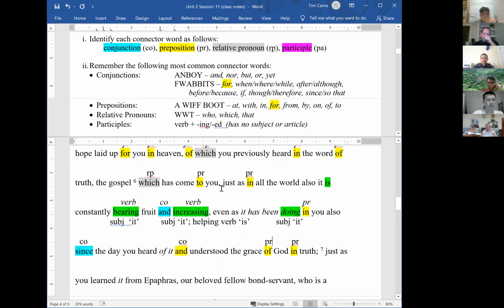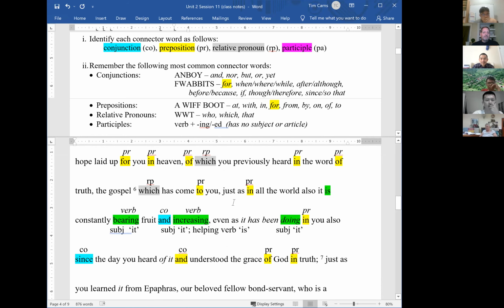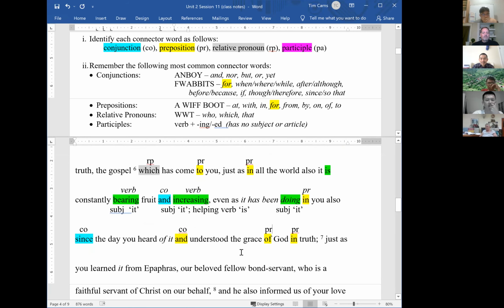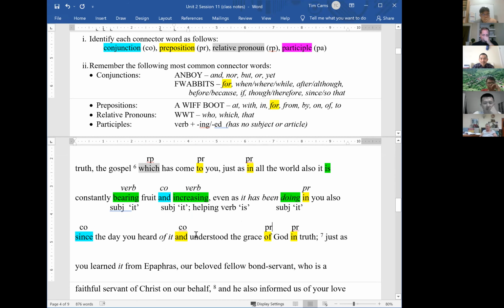Now, there is one other that snuck in here that's not on our list. Once in a while, we will see this. It's a conjunction. Does anybody see it there in verse 6? There's one more conjunction here. Is it just as? Yes, just as. This one is not on our list because it's not as common, but it snuck in there.